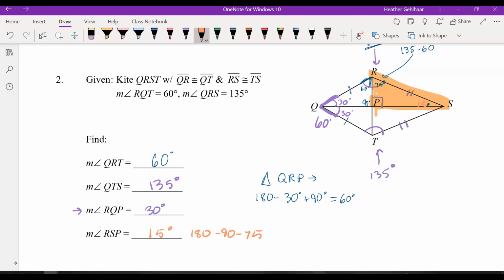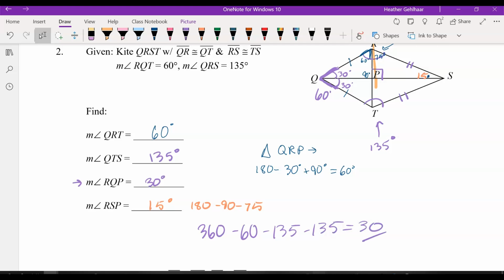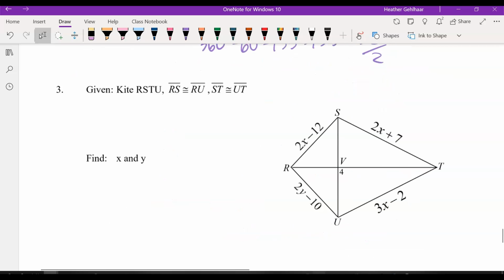What we could also do is, and you guys know this, the sum of all the angles in a quadrilateral is 360, so you could do 360 minus 60 minus 135 minus 135, and you will get 30 degrees. Divide that by 2 to split it between these two angles, because these two we know are congruent to each other.